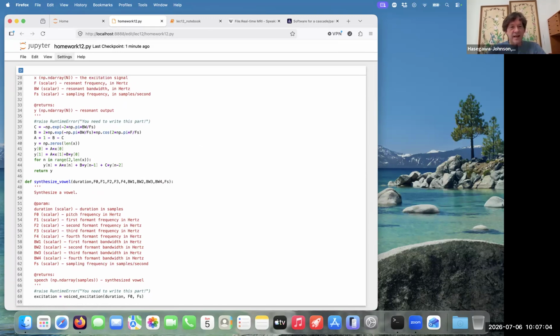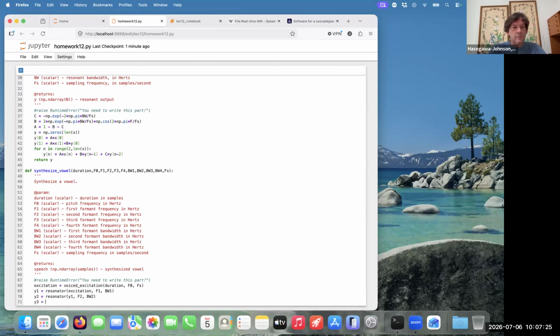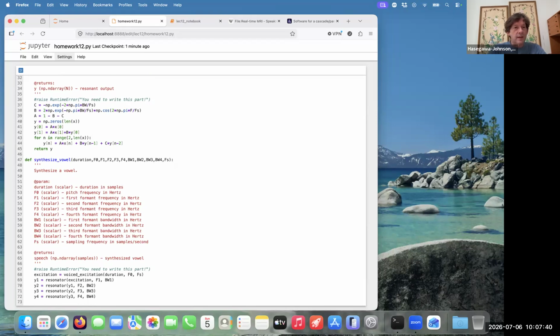Then we pass that excitation through the resonator 4 times in a row, and then we just return that.